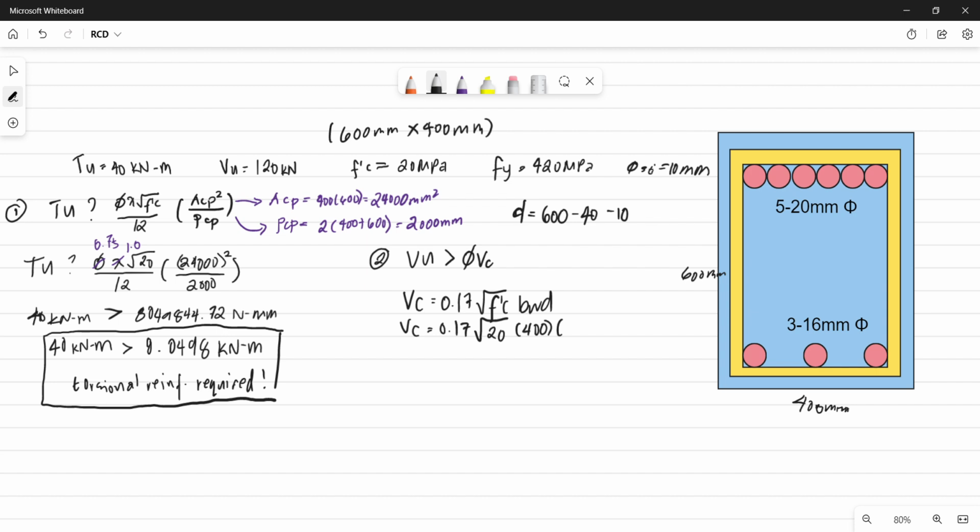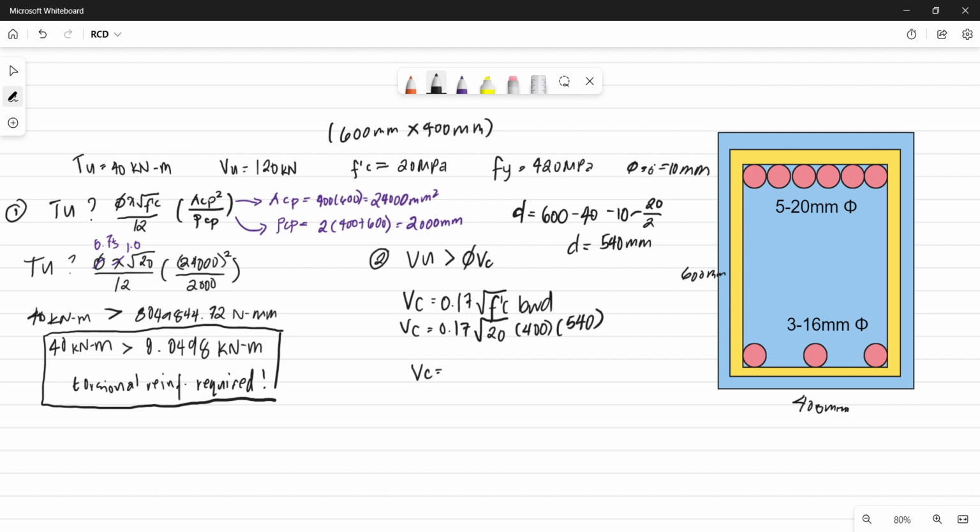You're going to use your main diameter, yung maraming reinforcement, that is 20 minus 20 divided by 2. Your effective depth is equal to 540 mm.